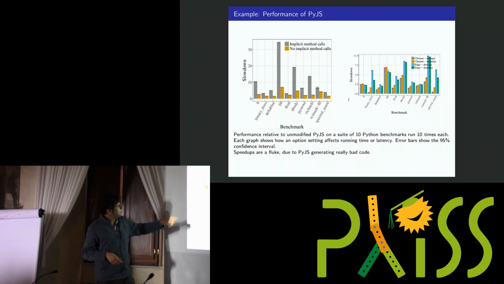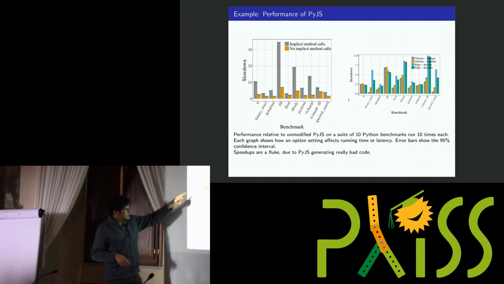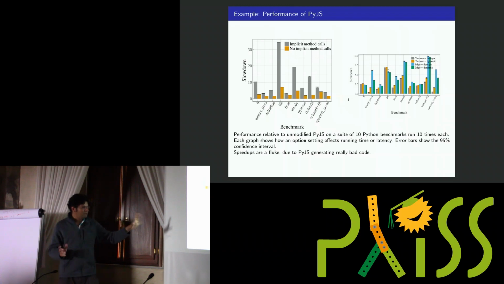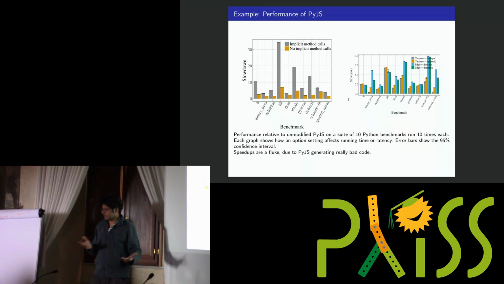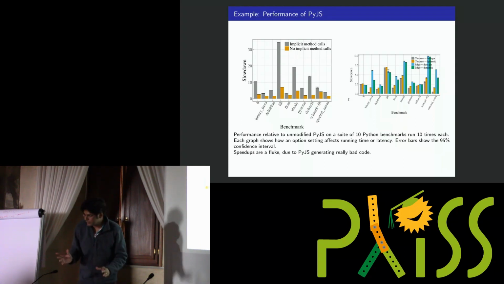There are a couple of flukes here. In some cases we're actually faster than PyJS, and that's just a fluke. PyJS does some really terrible code generation that uses features of JavaScript that nobody should use, and we end up accidentally eliminating those features in our simplification and normalization pipeline, so things happen to go faster. But I wouldn't read too much into that.